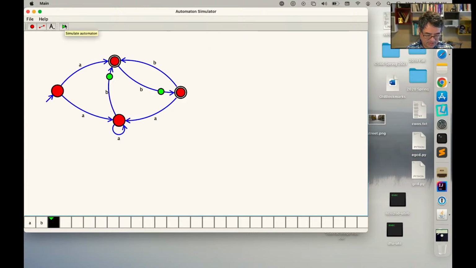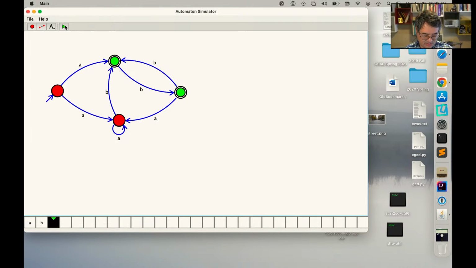A, B, A is not accepting. A, B, A, and then any number of A's, still not accepting, but then if I do a final B, it is accepting. So we had A, B, A, and then B. That works. And then any number of B's after that will also work.